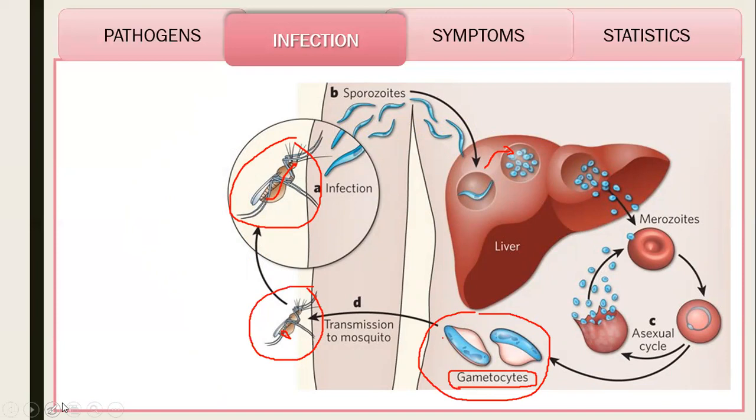So there are millions of people, and there are maybe millions and millions of mosquitoes. And in this way, every year, millions of people are infected with malaria. So don't forget there are two hosts. One of them is the mosquito, which is the primary host, the main host, and there's a secondary host, which is a human.